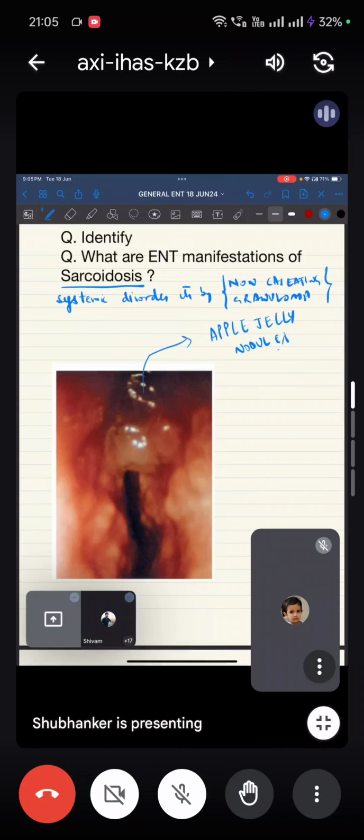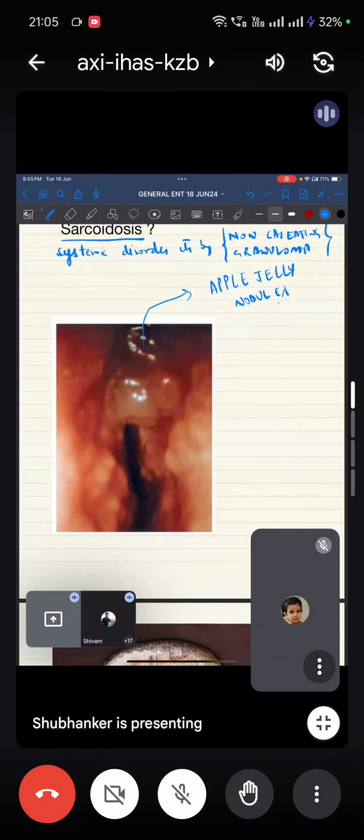Now, how and where does it manifest? See, it can cause OSA. It can cause lymphadenopathy. It can cause solitary parotid enlargement. It can cause nasal perforation.